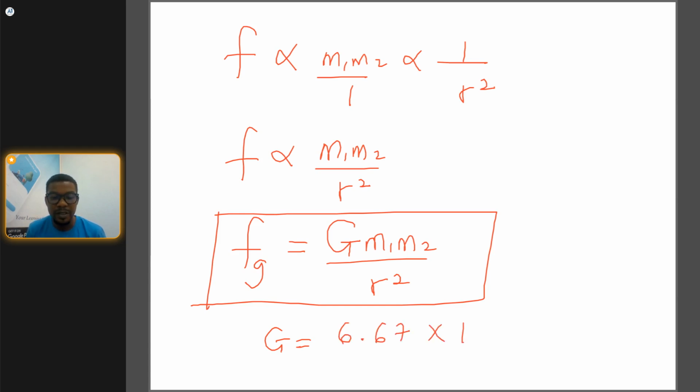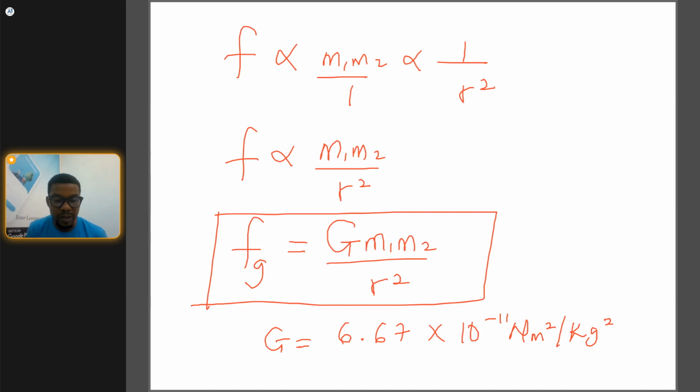6.67 times 10 raised to power minus 11 Newton meter squared per kilogram squared. The value of G is 6.67 times 10 raised to power minus 11 Newton meter squared per kilogram squared.